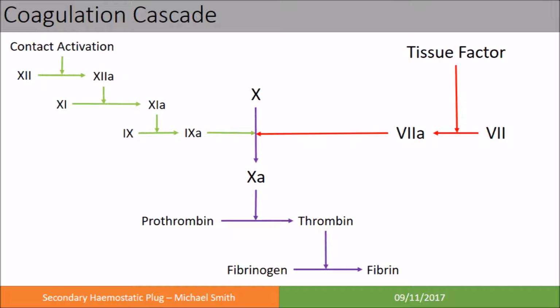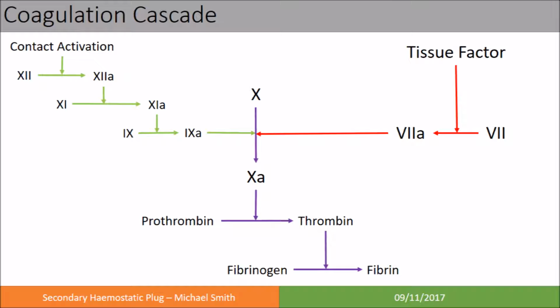So if we put these together, we have the formation of the whole coagulation cascade, where you have the intrinsic pathway on the left, where contact activation causes the activation of 12, which causes the activation of 11, which causes the activation of 9, which causes the activation of 10.